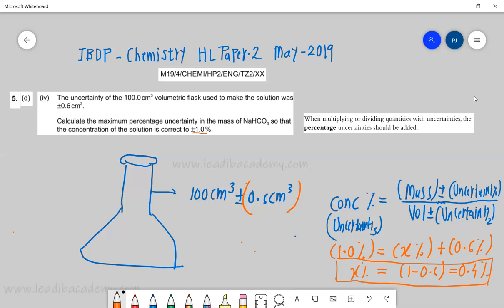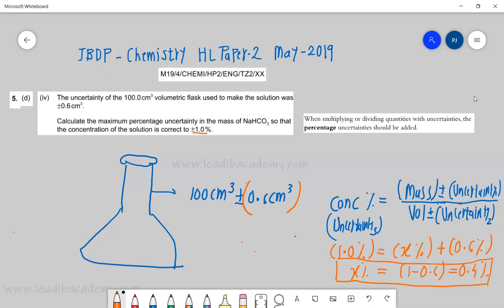And we know that whenever we are either multiplying or dividing, the percentage uncertainty gets added. Simple concept. Overall permissible is 1%. Out of that, already 0.6% is because of the volume. So the balance is only 0.4% for the mass. So what were the two concepts?